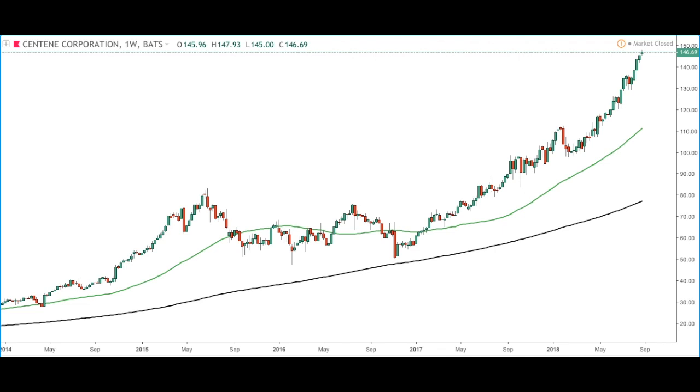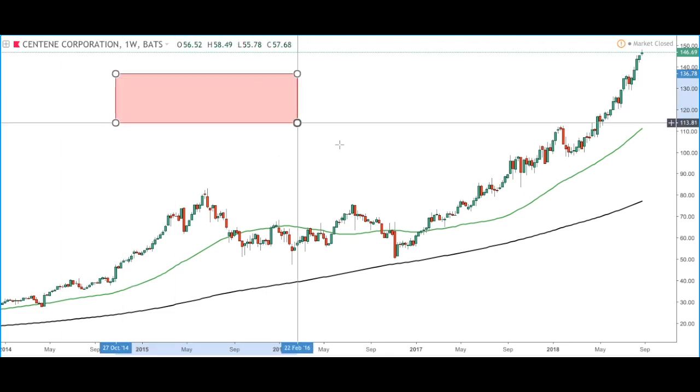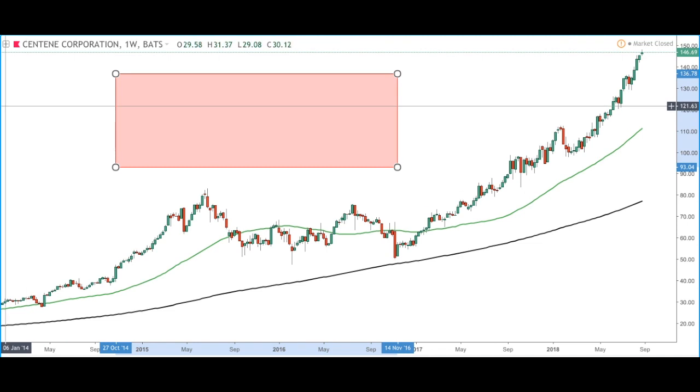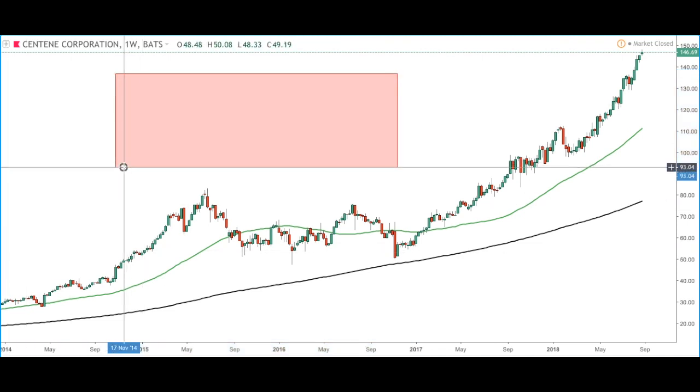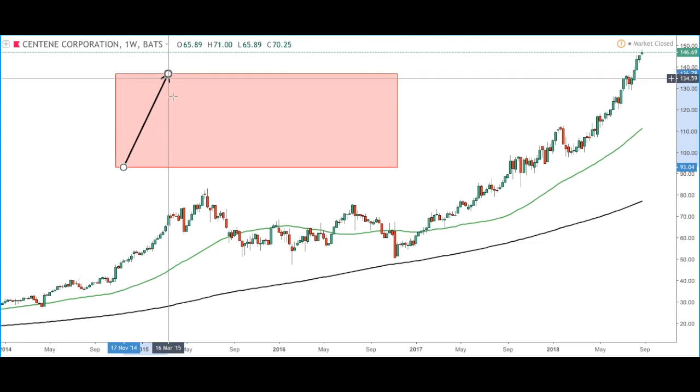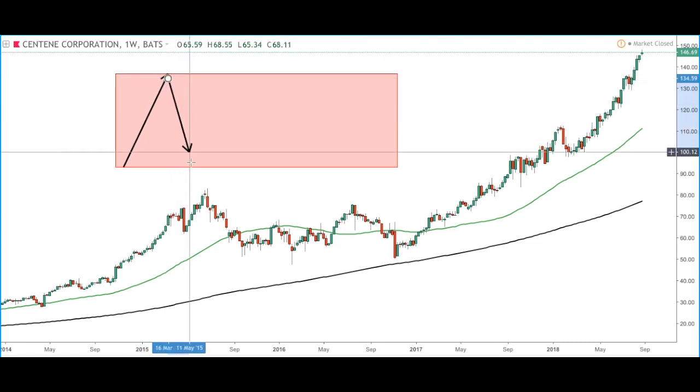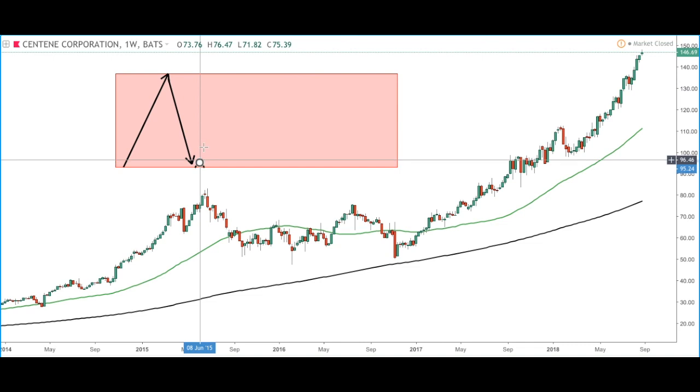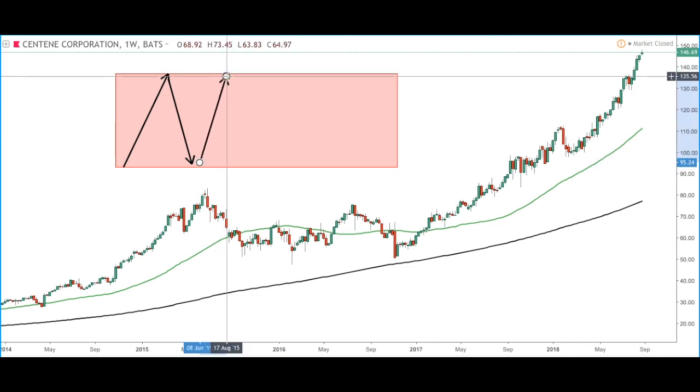In the second video of this series, you learned how to identify the bias in the trend, but what is a consolidation? The best way for me to explain it is to picture having a box, and you have price touching the top and bottom of this box, and it's stuck within this range.